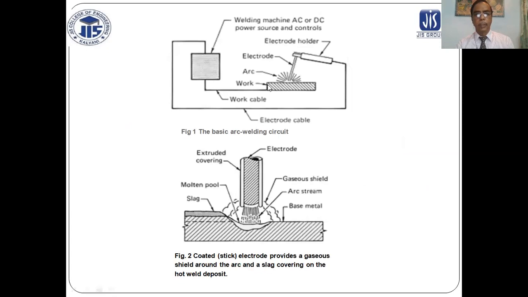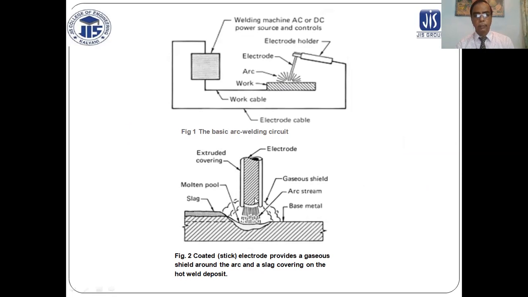This is the circuit: this is the workpiece, this is the welding AC/DC machine, and this is the electrode holder and electrode, and the arc is formed. This is the basic arc welding circuit.